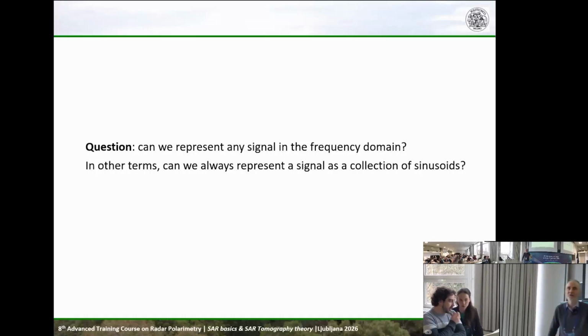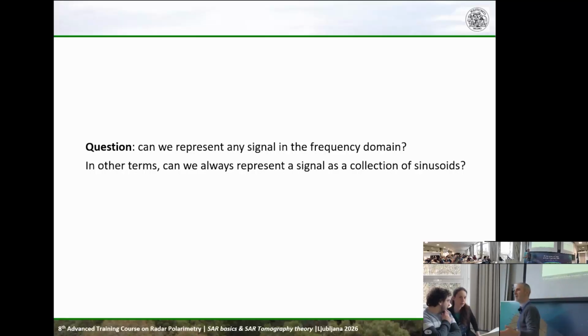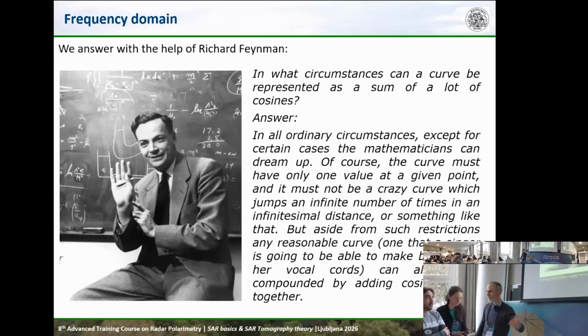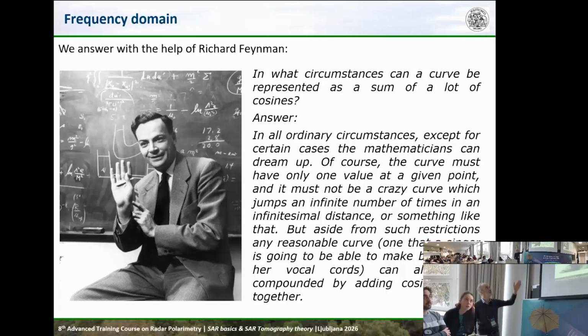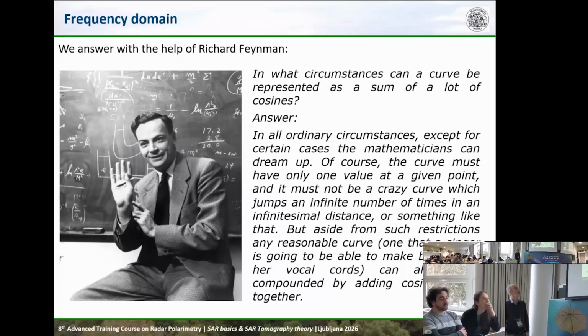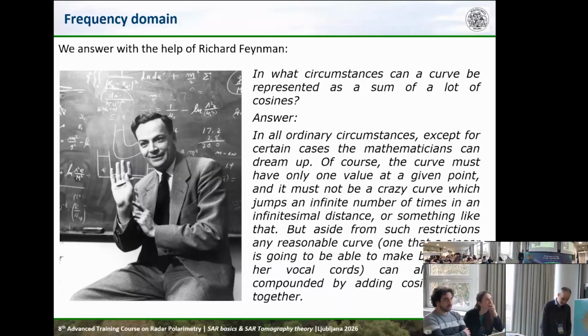So is this true for any signal? Maybe there are signals that cannot be expressed in this way. Well, I don't want to convince you because there is someone much more important and good than me who already took this point and conveyed the meaning to students.